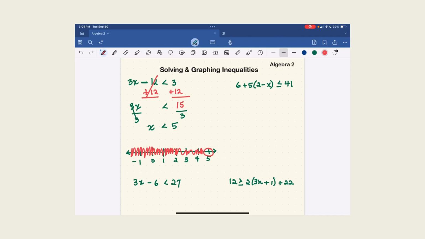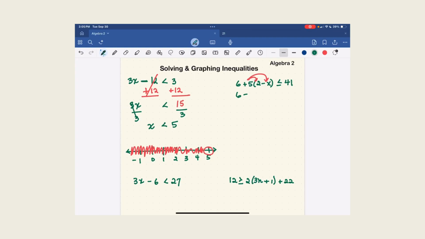We'll use the distributive property, and we'll distribute the 5 to the 2 and the negative x. So simplifying, we have 6 plus 10. 5 times 2 is 10. And 5 times negative x is negative 5x. And that is less than or equal to 41.